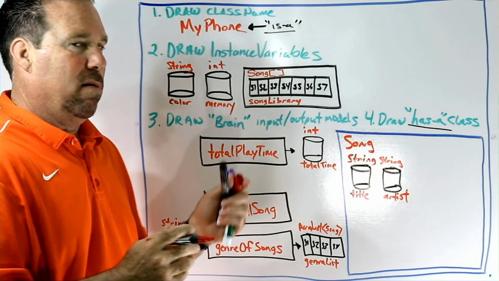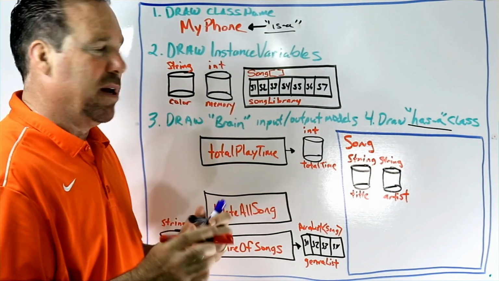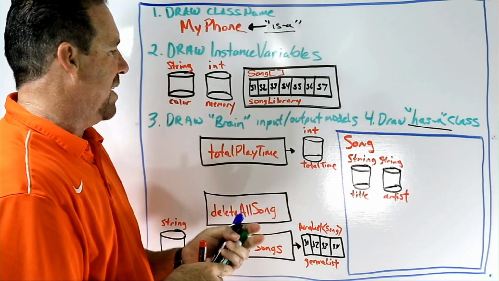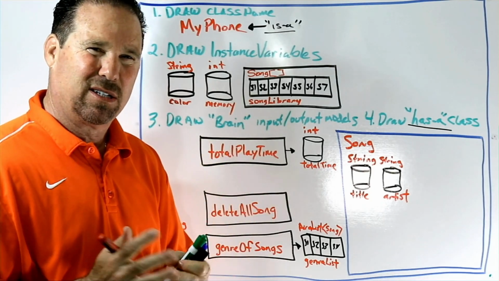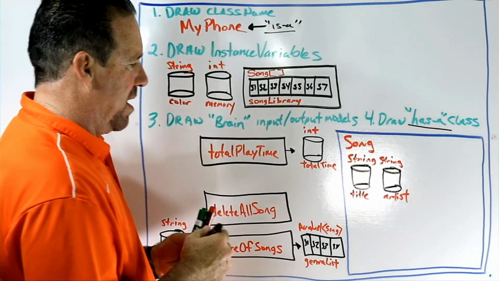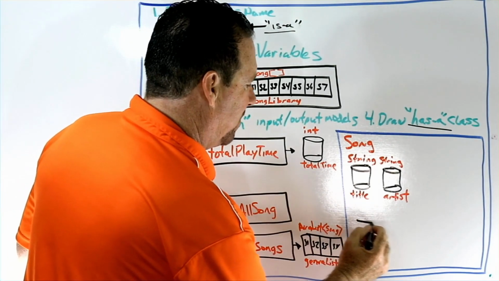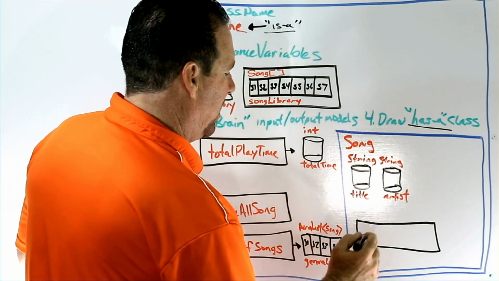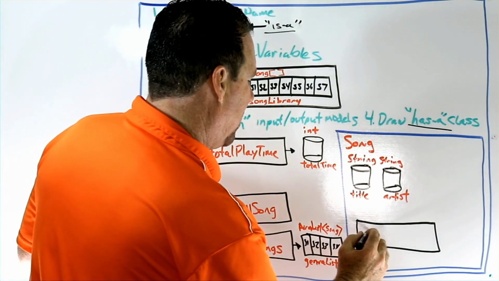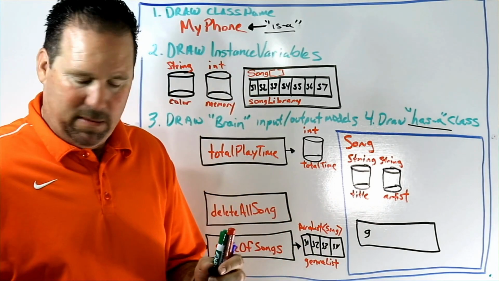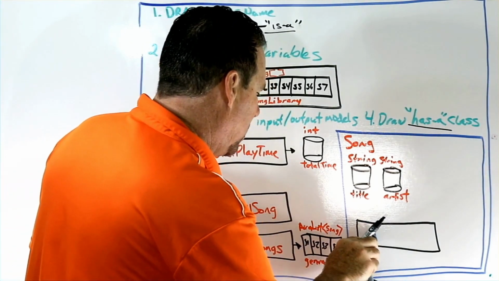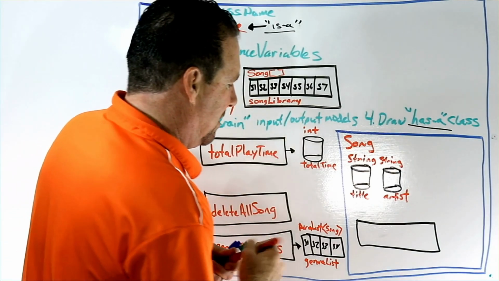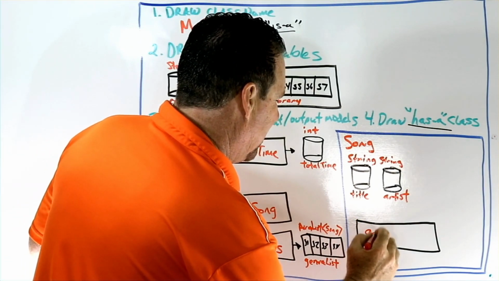Okay, now it has some methods, but I want to kind of coincide this with this total playtime. So it has to have a way to find each song's time. All right, so the one method I know I want to write is get playtime.